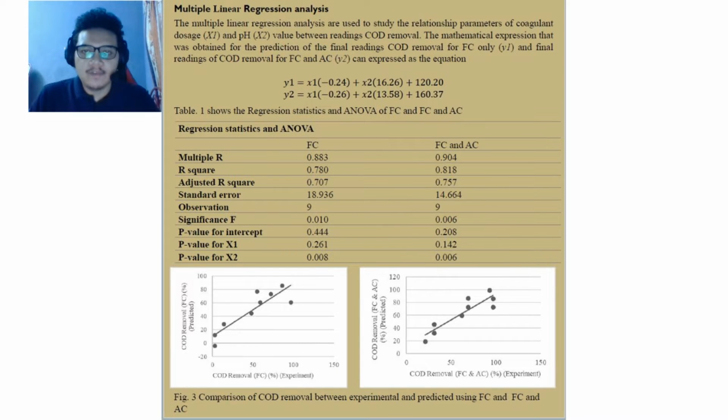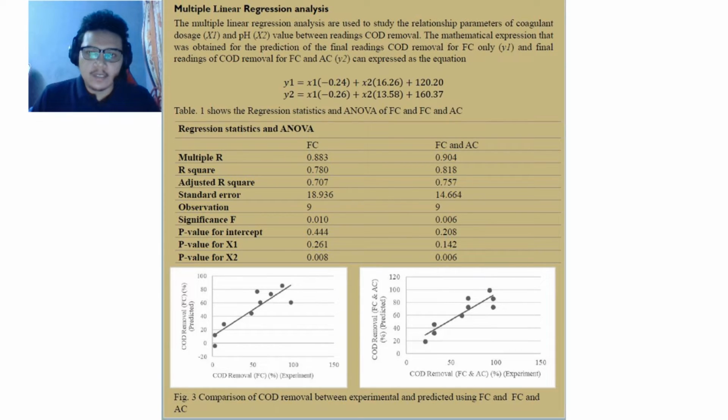Okay, now we proceed with the multiple linear regression analysis. The multiple linear regression analysis is used to study the relationship between the parameters of carbon dosage and pH and COD removal. So the mathematical expression that was obtained for the prediction of final reading of COD for FC only and for final reading of COD removal for FC and AC can be expressed as the equations below.